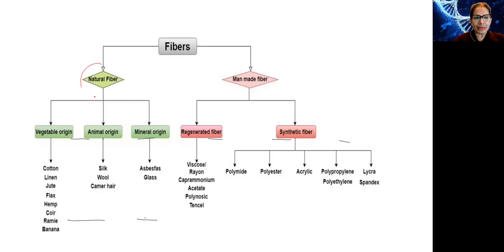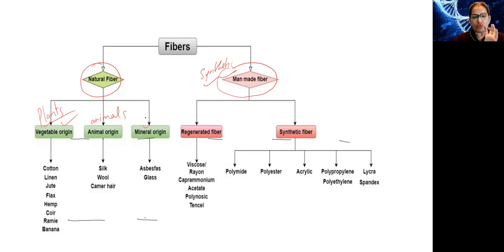That is natural fibers and man-made fibers. These are also known as synthetic fibers. Natural fibers are of vegetable origin, that is from the plants which we get, and they can be of animal origin, which we get from the animals, or they can be of mineral origin.